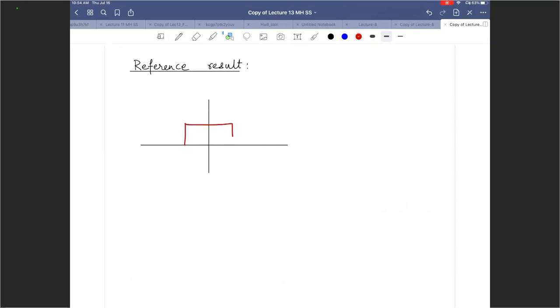For a rectangle, if you have this at 1, say this at t1, this at negative t1, this at 0, and you have this as the time domain signal, say x of t, then the Fourier transform of this rectangle, capital X of omega, is simply going to equal 2 t1 sinc of omega t1.